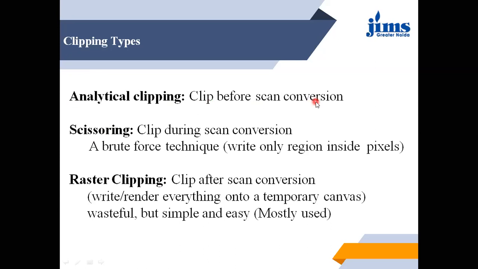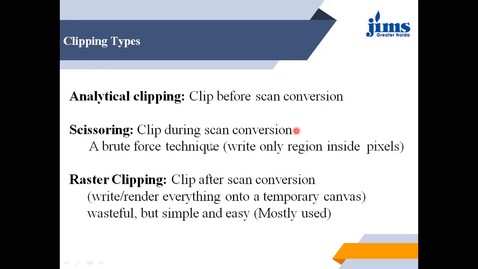As we discuss scan conversion in detail, it means to display each and every point, every pixel on the screen. So when we have to clip before the displaying, that is called analytical clipping. Scissoring, or scissor clipping, is the clipping that is performed during scan conversion.